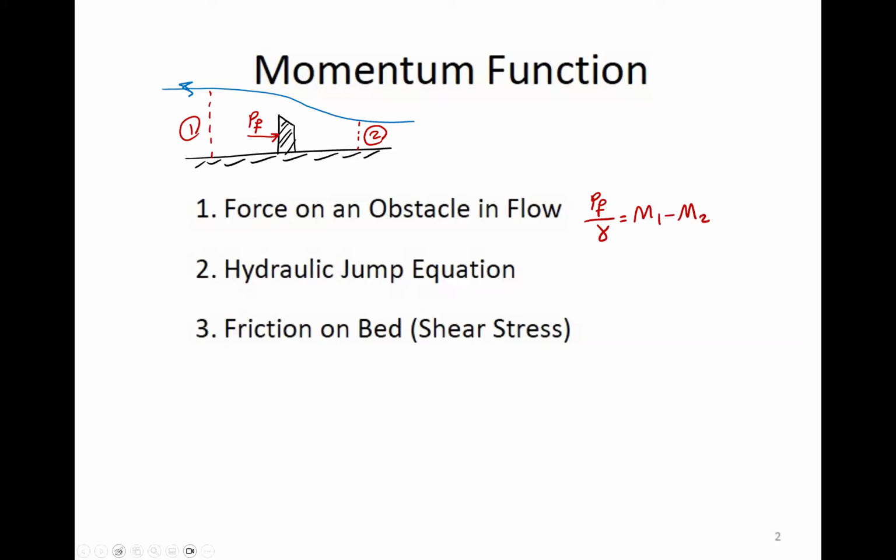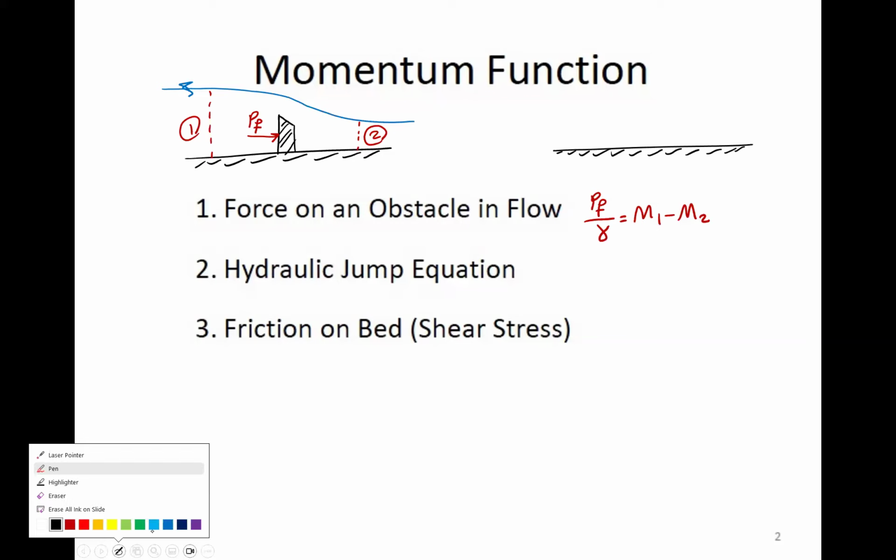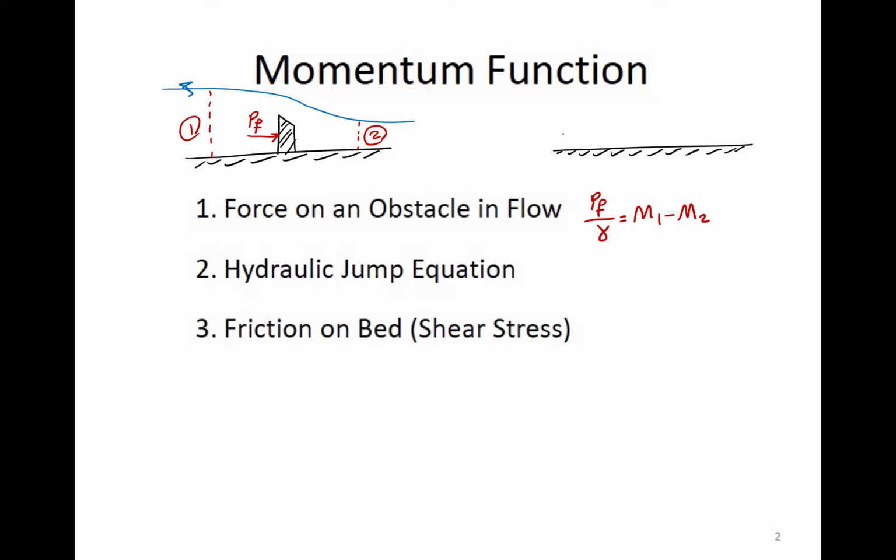That was case one. Case two, again very quickly, we looked at a hydraulic jump. A quick section looks like this. Depth goes from supercritical to subcritical, something like that.